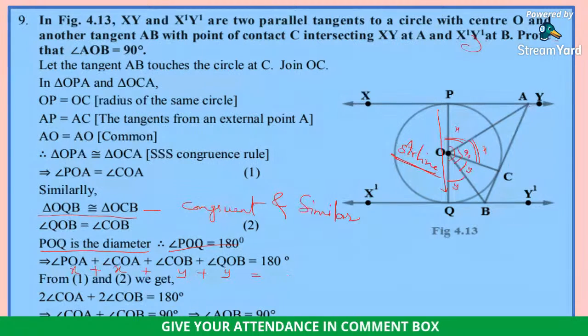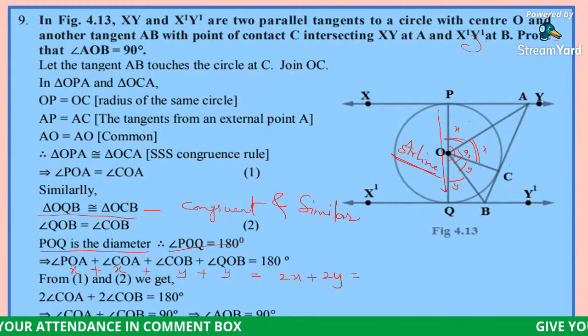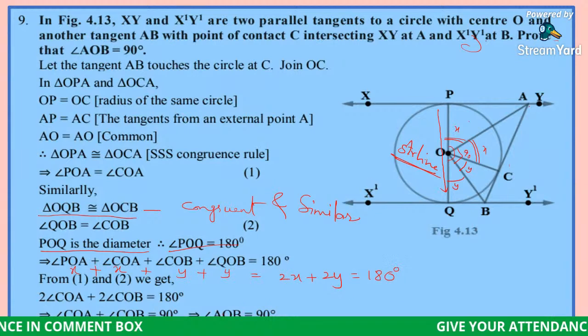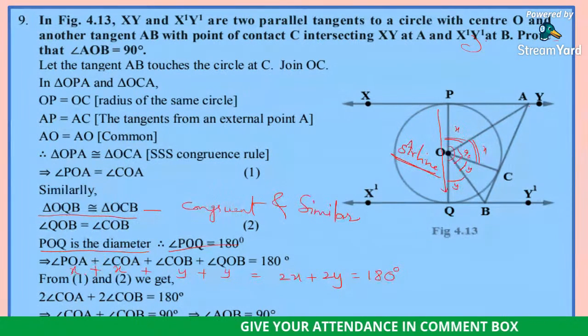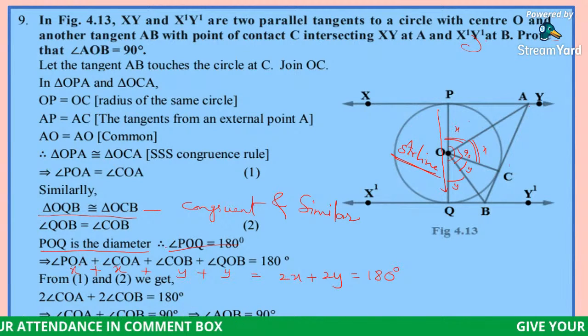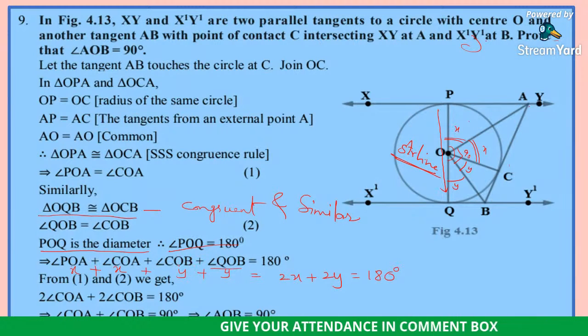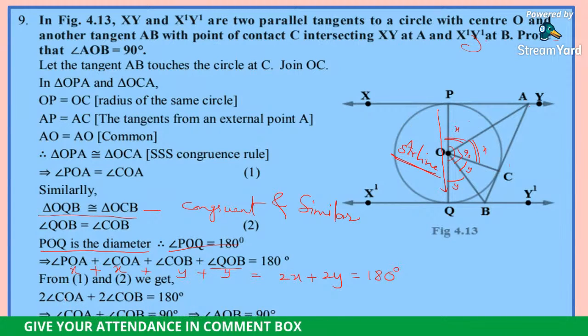Then you get X plus X, 2X plus 2Y is equal to 180, isn't it? Or you can substitute, as these angles are equal. In place of POA, you can substitute COA, and in place of QOB, you can substitute COB. COB 2 times, COA 2 times.